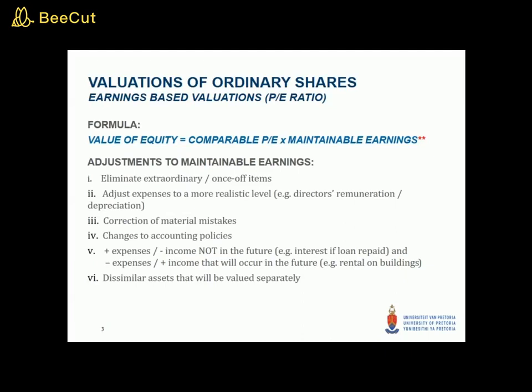We would then, on last year's figures, make certain adjustments to adjust for extraordinary once-off items, expenses that were overstated as a result of once-off exceptions. We made corrections to material mistakes, and then we made changes to accounting policies. This then got us to a maintainable earnings figure that we used to multiply a comparable PE, which was the second step in our process.